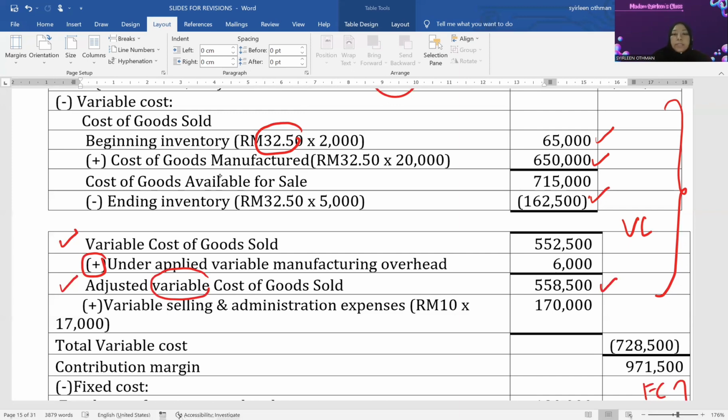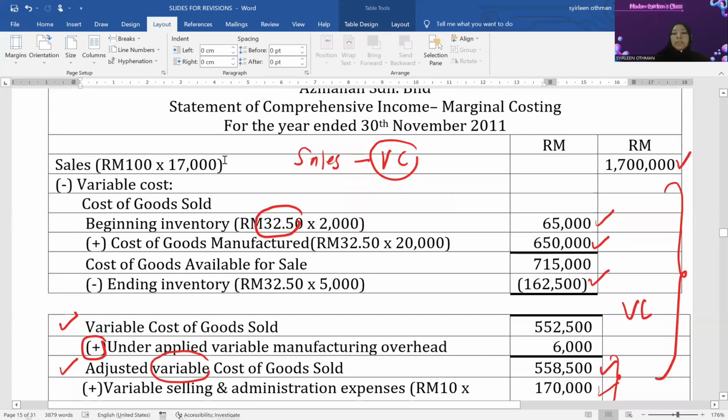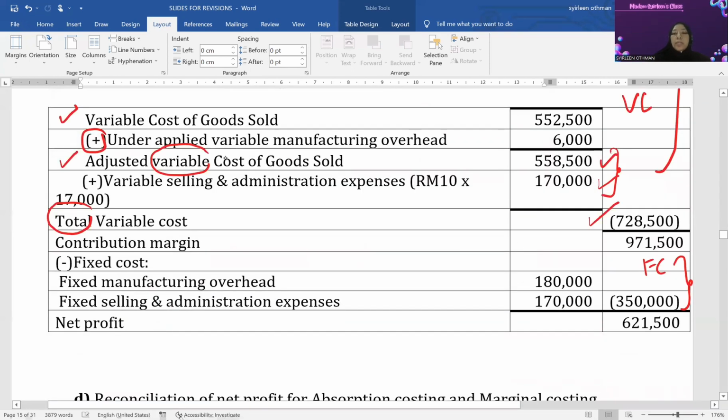So you get the amount here. So these two, kita tak tolak ya, kita tambah. Sebab we want to get the total for variable costs. So I get the amount of 728,500 ringgit. Then only kita akan minus sales minus total variable costs, and you will get your contribution margin.